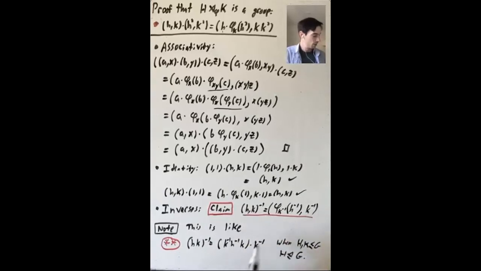So this looks really, really similar if you just put commas in between the element of H and the element of K. So (h, k), (k^{-1}h^{-1}k, k^{-1}). Right? So that looks just like φ_{k^{-1}}(h^{-1}) when the action of K on H is conjugation.